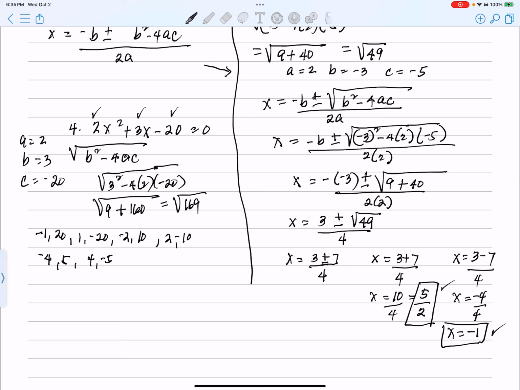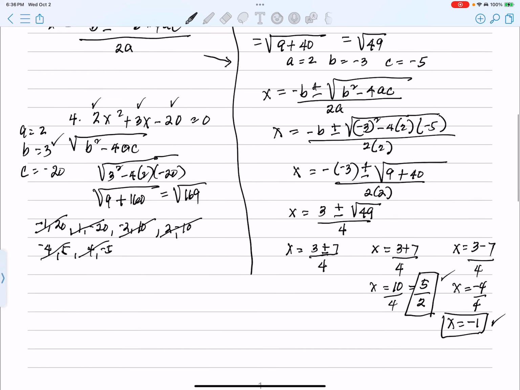Okay. So when I add negative 1 plus 20, that's 19. 1 plus negative 20, that's negative 19. It doesn't give me the b. What we want to look for is the sum of the factors that will give us 3. So negative 2 plus 10, no. 2 plus negative 10, no. Negative 4 plus 5, that's 1, no. 4 plus negative 5, that's negative 1, no. We don't have other factors.